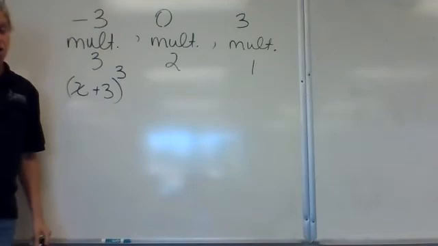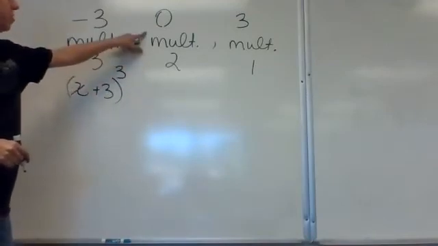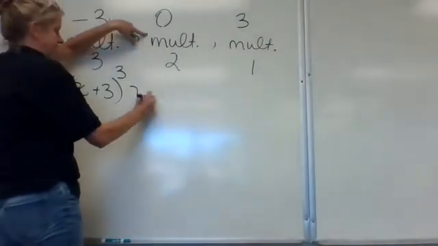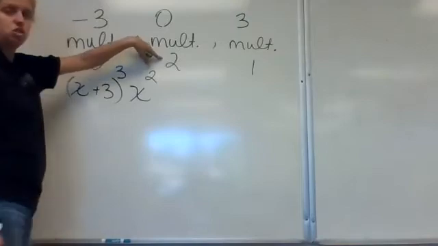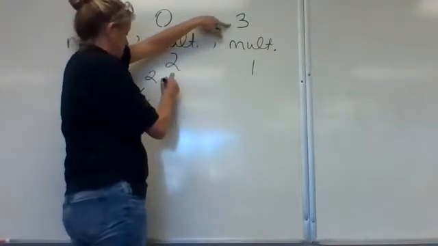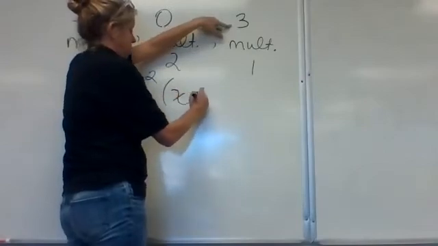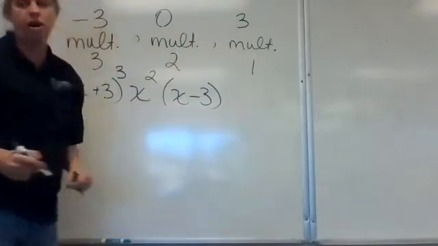This is what makes it long and drawn out. 0, which means its factor is just an x with multiplicity 2, so x squared. 3 is your 0, which means it comes from x minus 3, and luckily its multiplicity is 1.